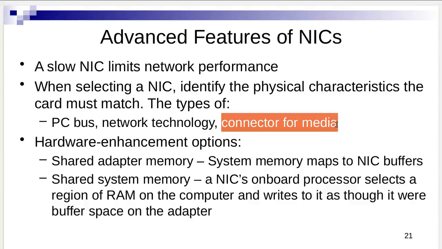You can use shared system memory, so that the network interface card's processor, remember these network interface cards, really it's just a CPU running a program, and that program can be fine-tuned to select some region of RAM on the computer, and pretend that it was its own memory to make data transfers between the system and the NIC faster. So there's all kinds of these hardware features that you can use to enhance the speed of your NIC.